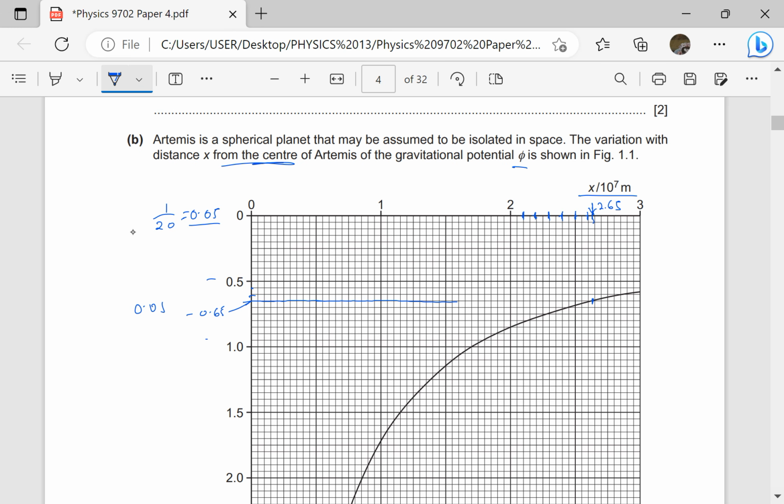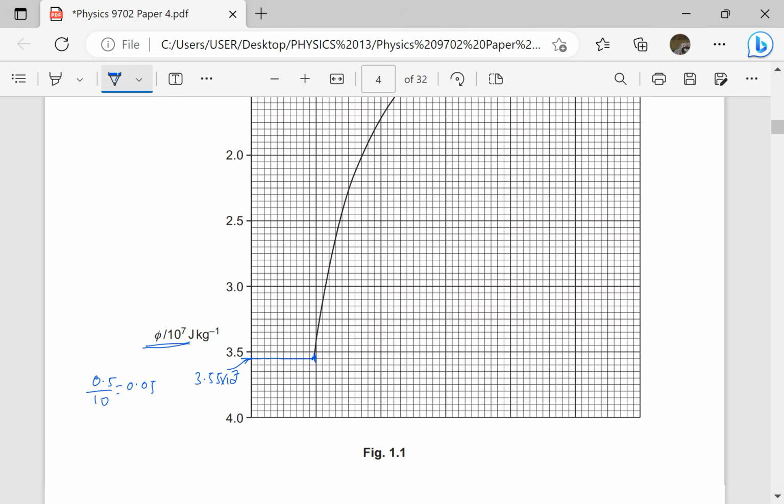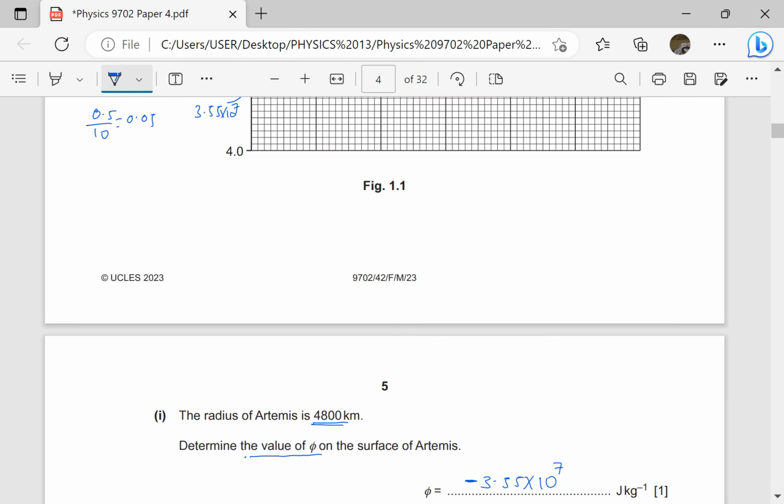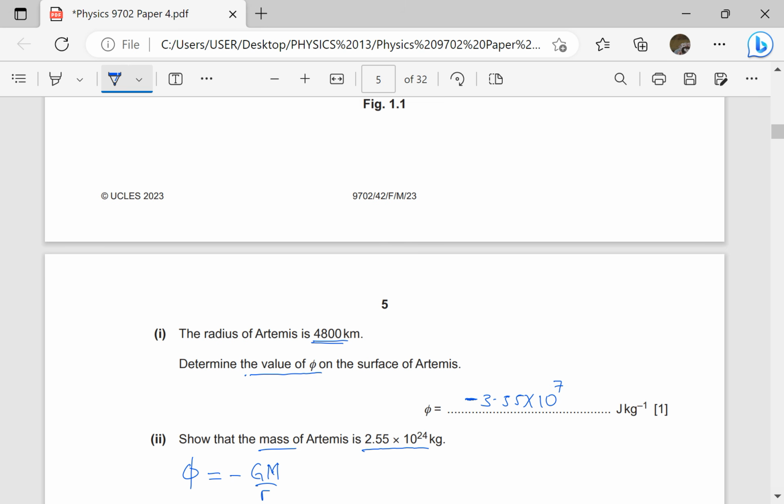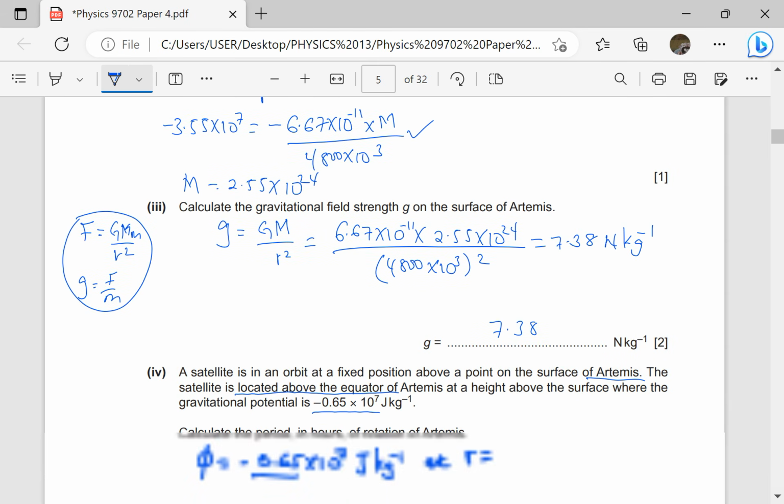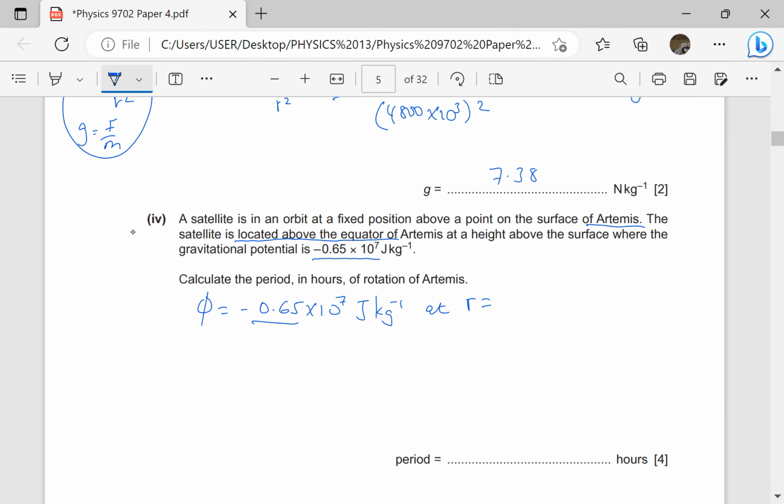In the middle of a box, or slightly above the middle of a box, let me take 2.63. I expect there could be a degree of tolerance, so I'm going to take that as 2.63. So R is going to be 2.63 times 10 power 7 in meters.